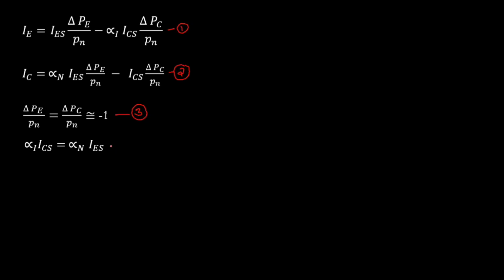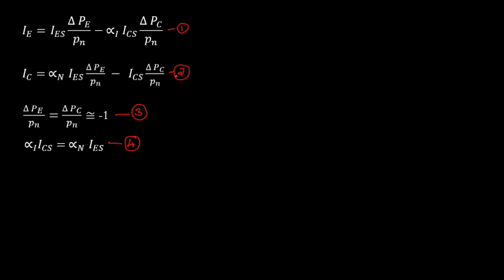Another equality we should take for mathematical simplification is alpha I ICS equals alpha N IES. What is ICS? We know it's the collector saturation current, and IES is the emitter saturation current. These are the amplification factors alpha I and alpha N. Alpha N means the normal condition and alpha I is the inverted condition.